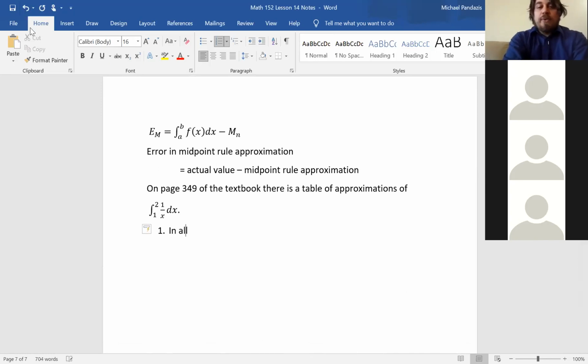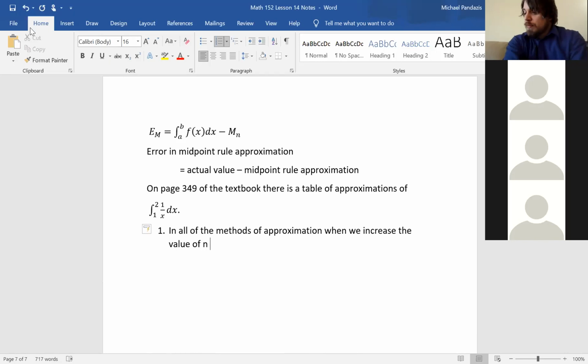In all of the methods of approximation, when we increase the value of n, we get more accurate approximations.